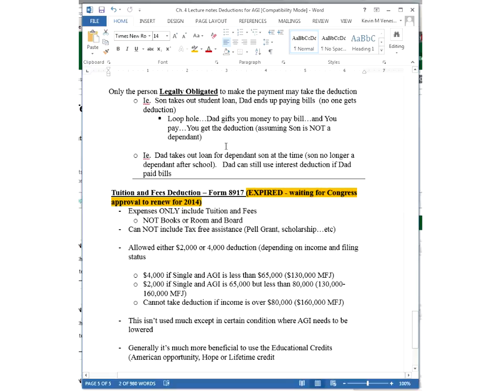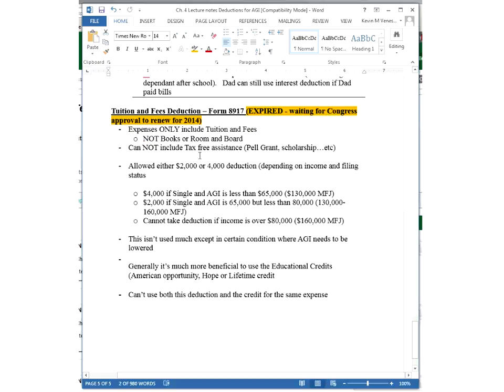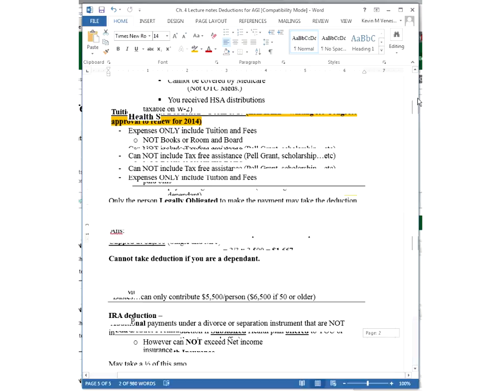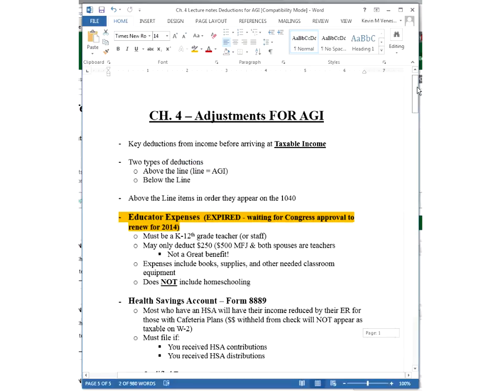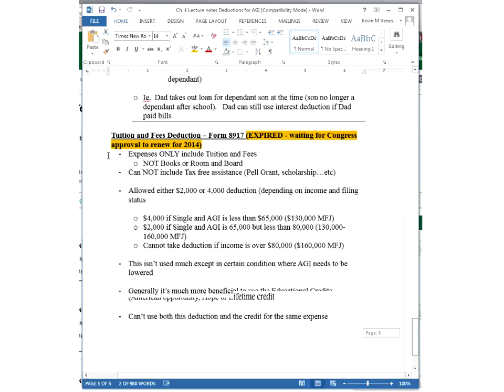A couple items you should know about who can take the deduction, so definitely read through that. The tuition and fees deduction, you are allowed to have that. That is one thing that was renewed through 2015. Basically everything was renewed, even the top item up here, the educator expenses, that was renewed as well.